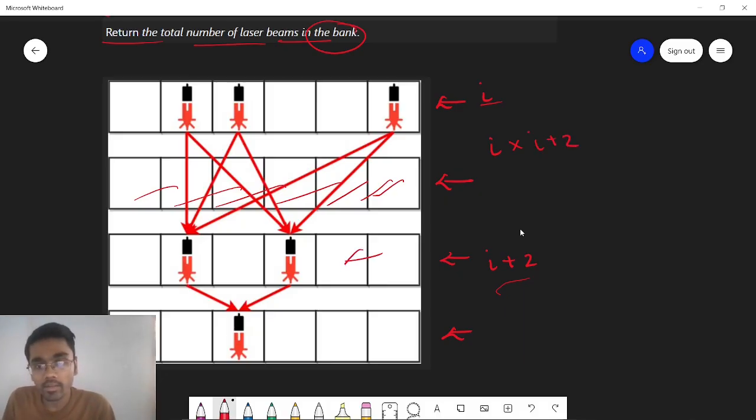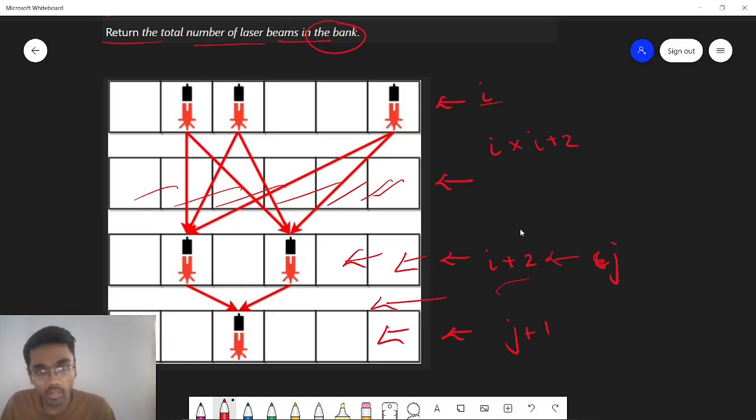Similarly, we are at i plus 2, at this particular index. Let's just name this index as j, and this is now the j plus 1th index. So this particular row will be able to make laser beams with this particular row because obviously there is no row in between.